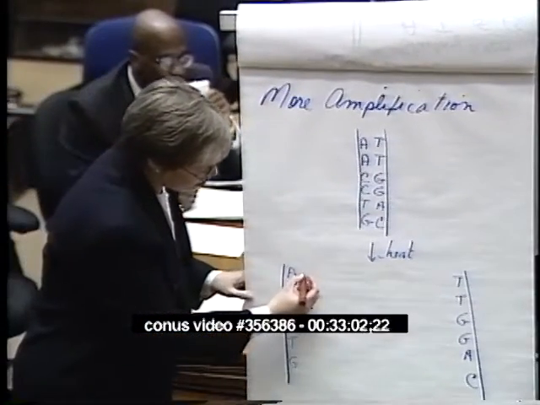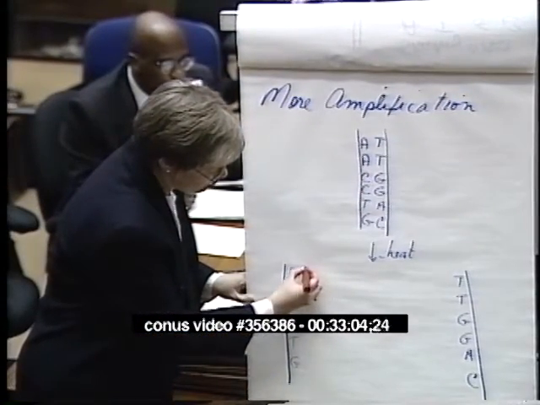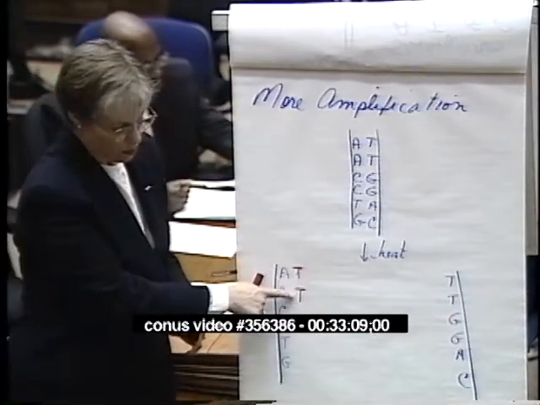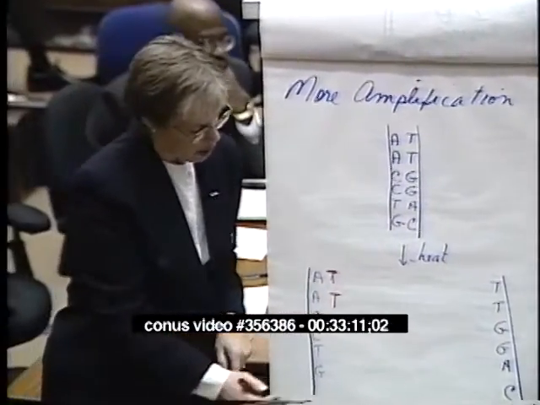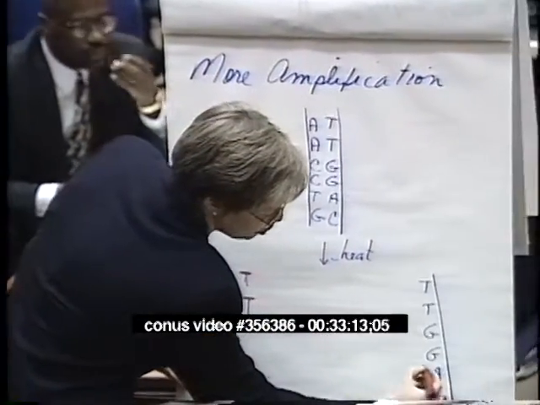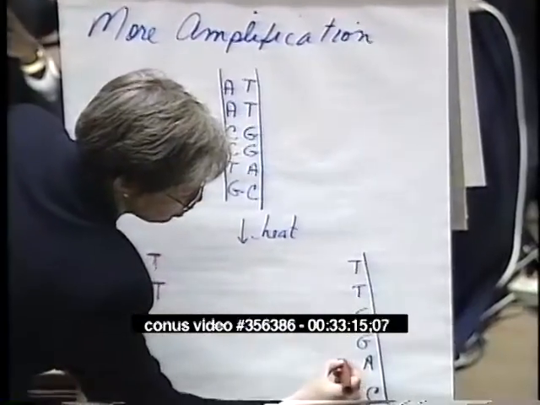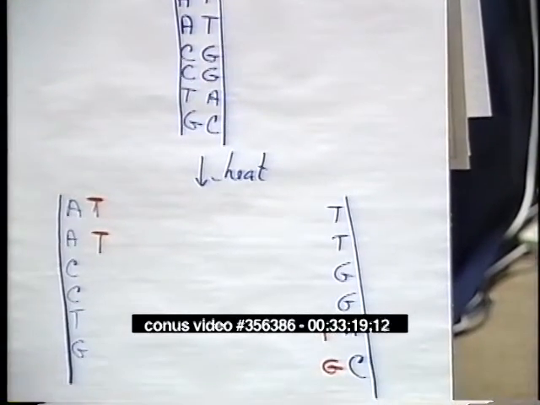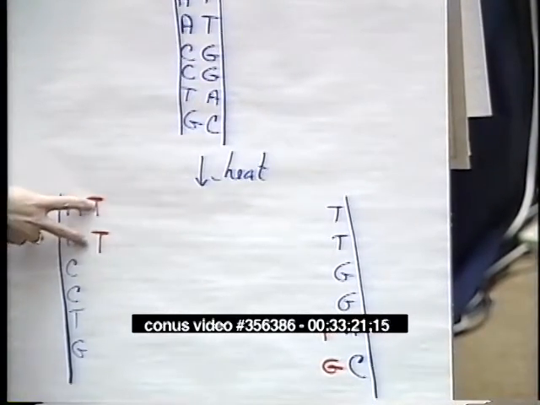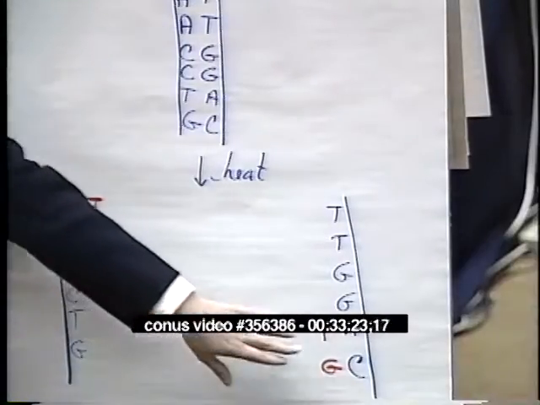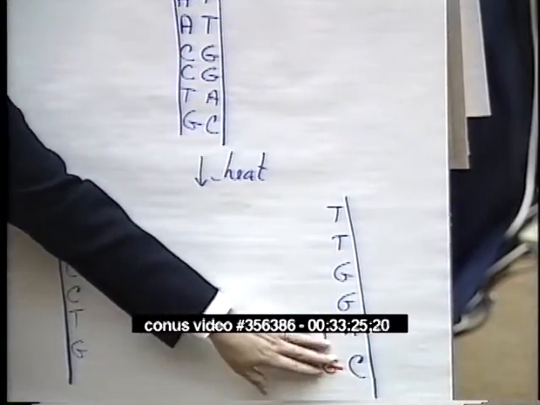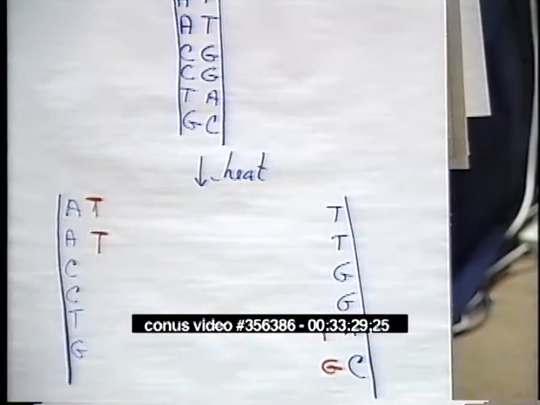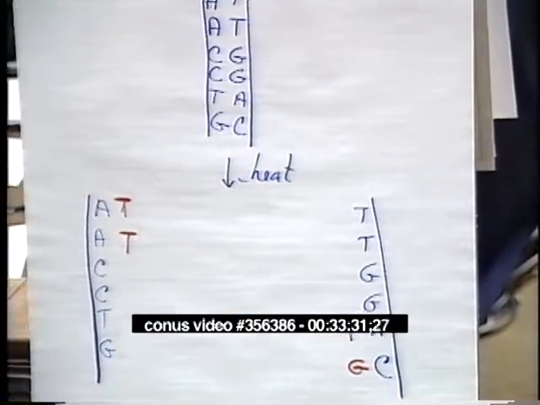So let's say we have put in a primer here to have two T's, and we put in a primer to fit the other side, which is going to be a T and a G. And you can see that this primer won't attach to this side, and this primer won't attach to this side, and the primers won't attach to each other. So you have to take these things into consideration.